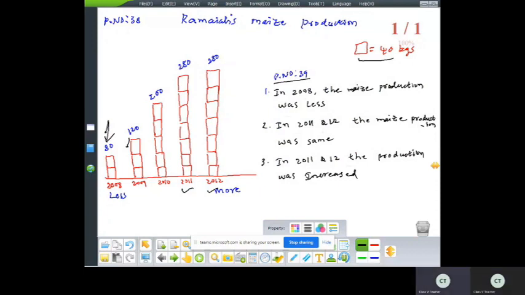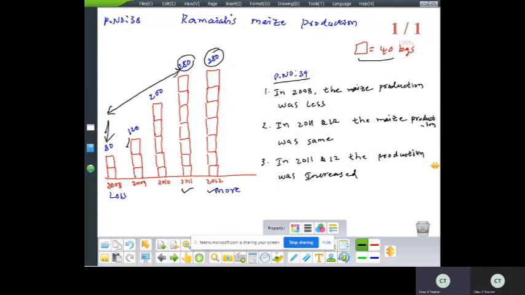In 2011 and 12, the maize production was same. Both are equal in their values, that is 280 kgs, 280 kgs. In the third conclusion, the production was increasing, see, year to year increasing.